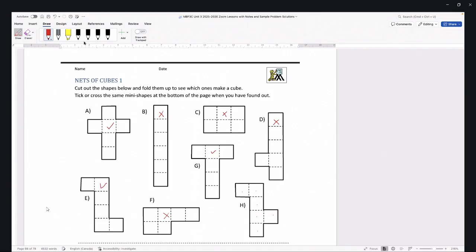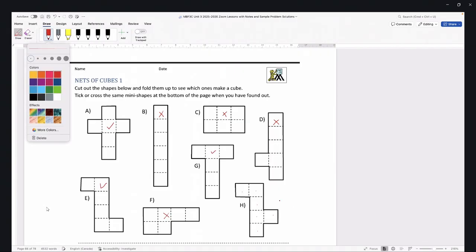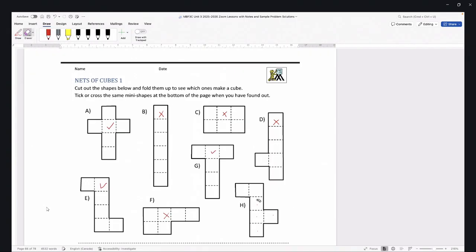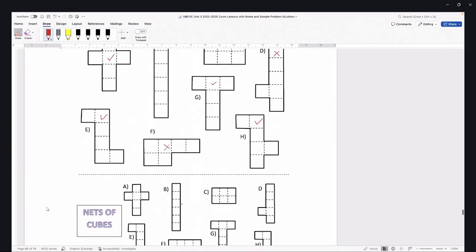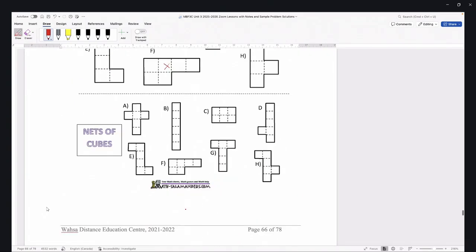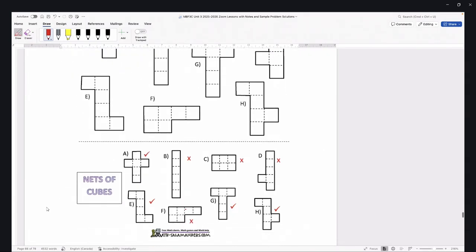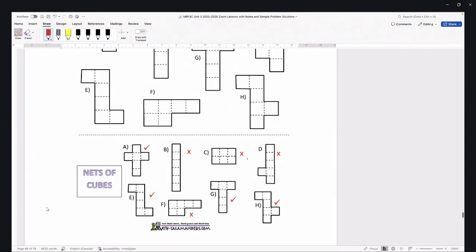So this one will be, let's get rid of those dots first. This one will be a cube.